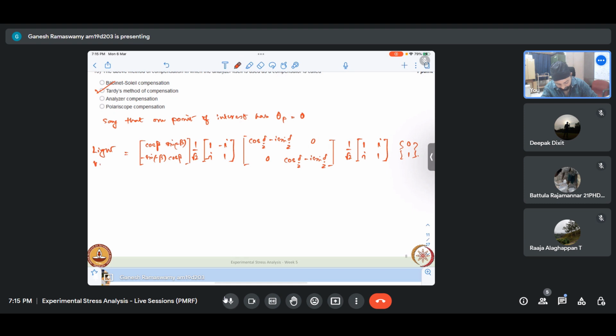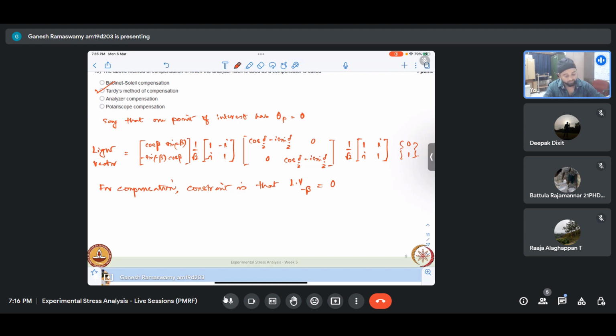Now for compensation, the constraint is that the light vector, let me call it LV, along that minus beta direction is 0. This will be my constraint because the fringe correctly passes through that point. Till that point I will rotate by minus beta. That is when I will get the fringe order exactly passing through that point.